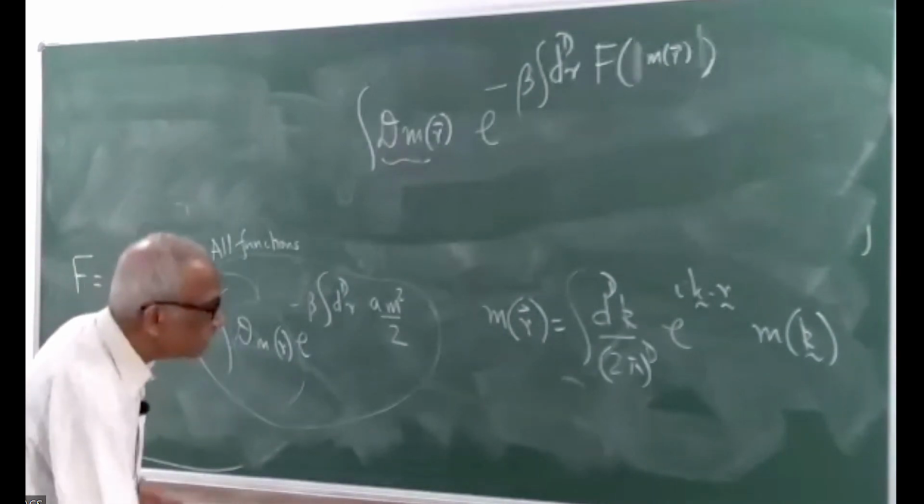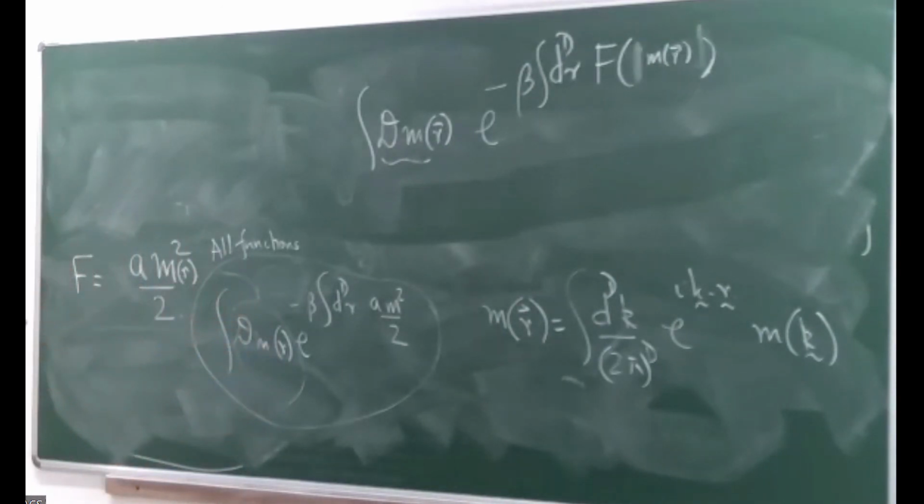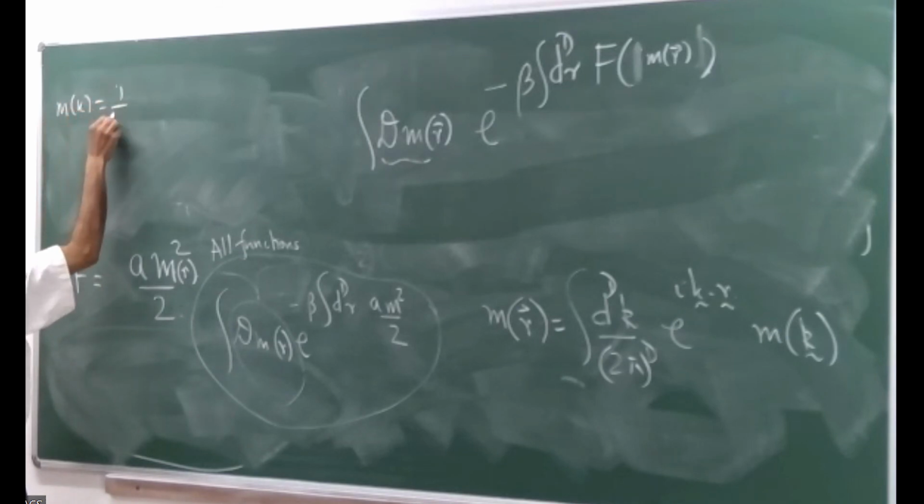So imagine I'm trying to do this business. I pick a particular function m of k. Let's say I take a function m of k which is equal to 1 plus 1 over k square.